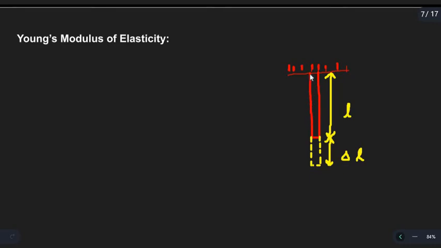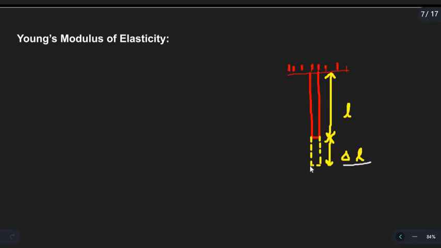I have drawn the original rod in red color. आपका एक रॉड है, इसका ओरिजिनल लेंथ है आपका L. नाउ फॉर एग्जांपल आपने एक लोड यहाँ पे दिया, and you are stretching this rod, and the change in length that happens is del L. This is del L and the rod has been stretched up to this dotted point.